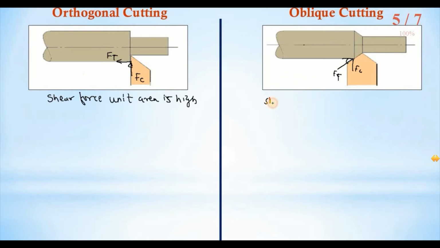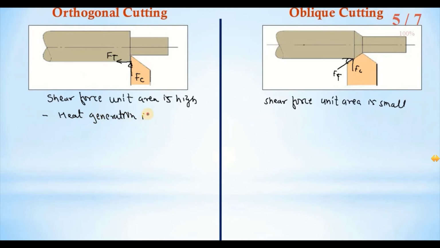Here the shear force per unit area is small in oblique cutting. As the shear force per unit area is high, it means maximum material is removed, so the cutting edge comes into contact, so heat generation is higher.